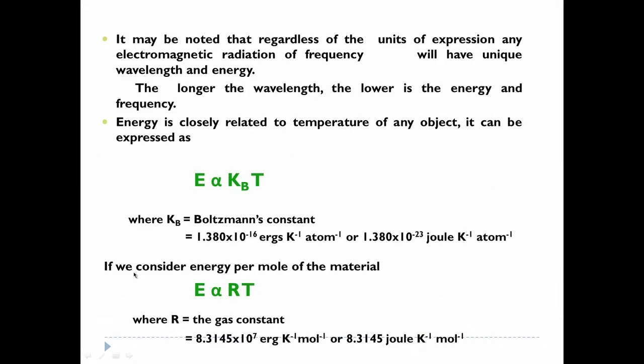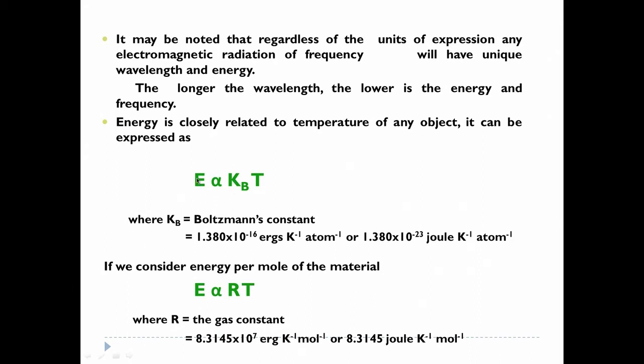So, what we should note now is that regardless of the units of expression of any electromagnetic radiation of frequency, it will have units of wavelength and energy. The longer the wavelength, the lower is the energy and frequency. If the wavelength of the electromagnetic radiation is shorter, the frequency will be high, and the energy also will be very high.